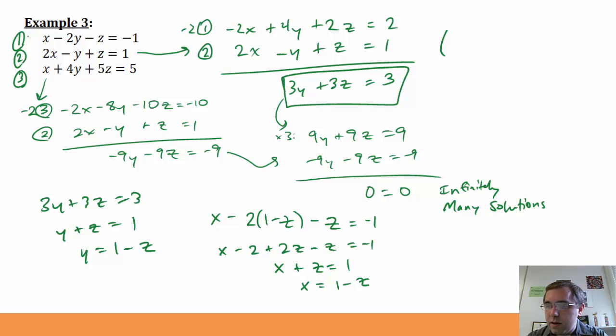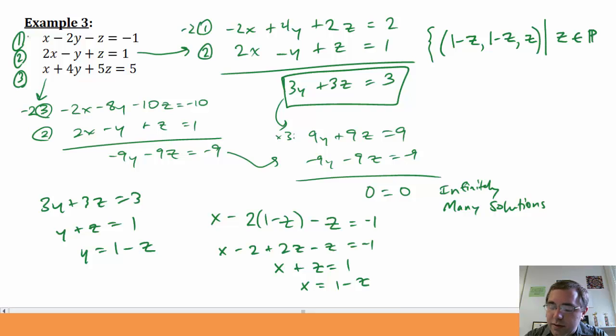So we can write our solution set as the set of all points of the form 1 minus z, comma, 1 minus z, comma, z, those are x and y, comma, z, such that z is in the real numbers.